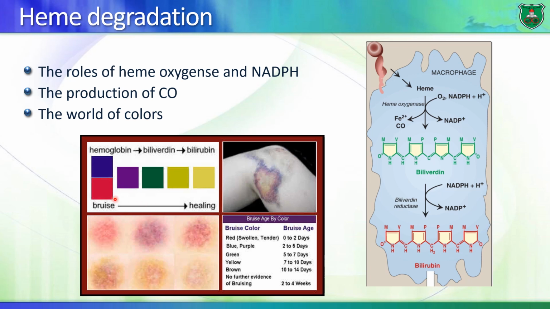First, you have release of blood, hemolysis basically, and then heme is metabolized to different intermediates. Each one of them has a certain color, and that's why the bruise changes colors from blue to purple, green, and finally yellow. All of these colors are a result of the different intermediates of heme catabolism.